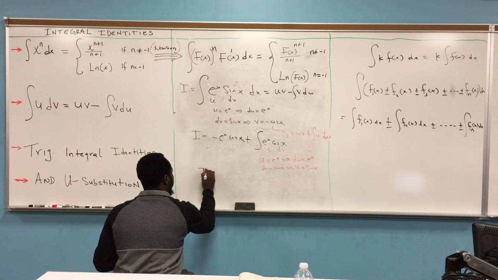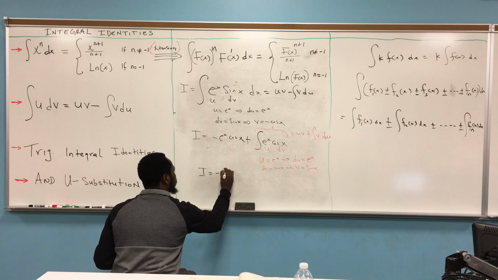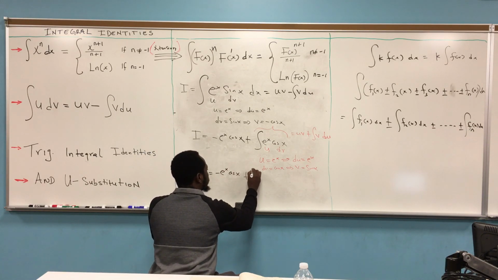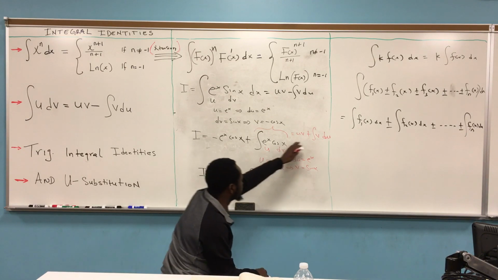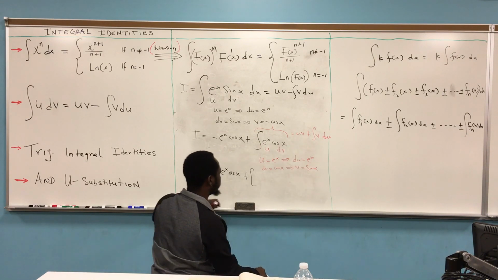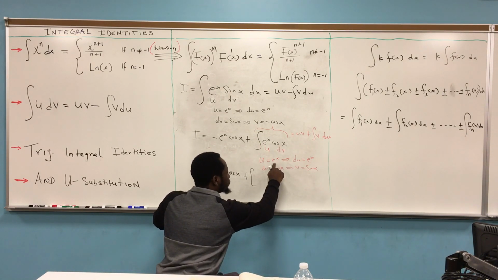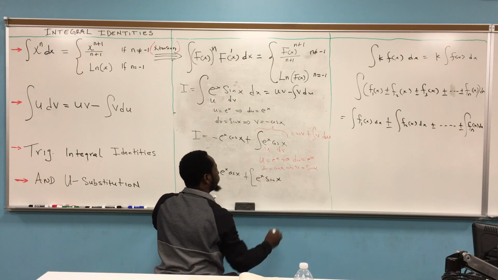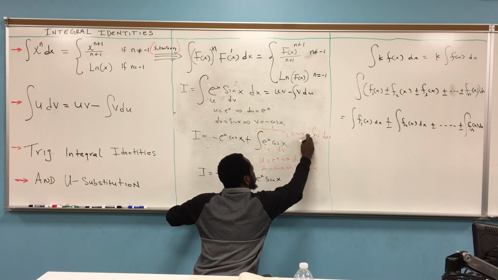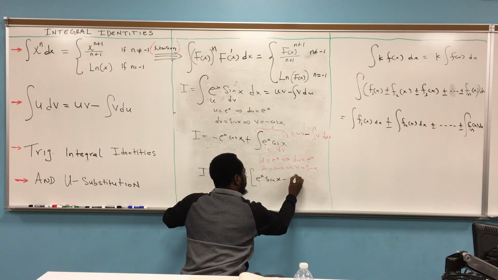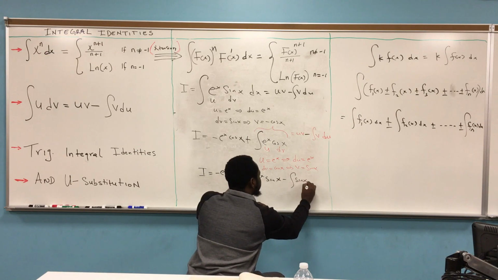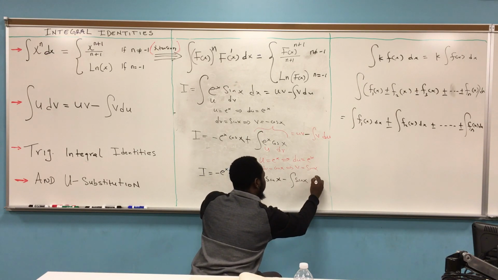So I have I is equal to negative e to the x cosine x plus, I'm just going to put everything in bracket because I'm expanding this portion, right? uv, this times this, so e to the x sine x, sorry, this is minus, my bad, minus integral v, which is sine x du e to the x.